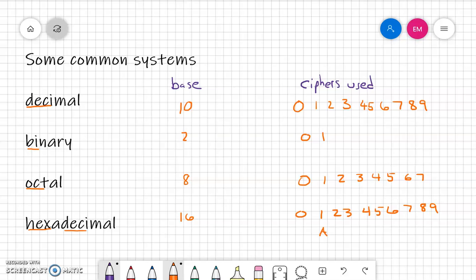The cipher A is used as a cipher in the system. B, C, D, E. Let's see if we have 16 here. 1, 2, 3, 4, 5, 6, 7, 8, 9, 10, 11, 12, 13, 14, 15. We don't have quite enough ciphers yet, so we're going to use the cipher F. And this completes the number of ciphers used in the hexadecimal system.